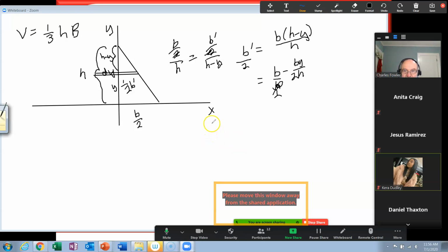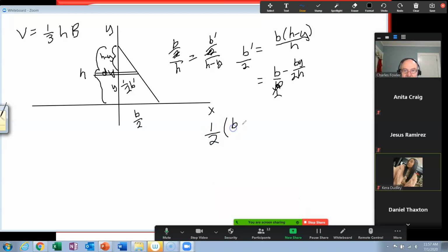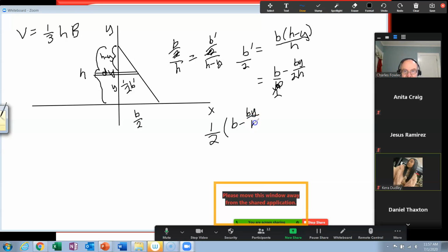So basically I'm going to go back and rewrite it this way. The length times the width would be 1/2 of b minus by over h, squared.